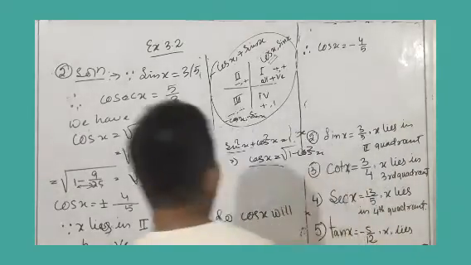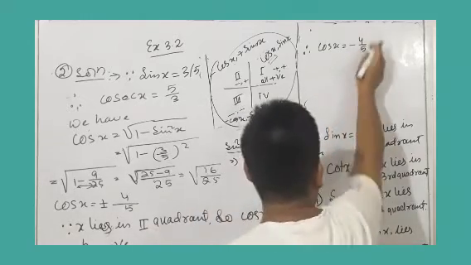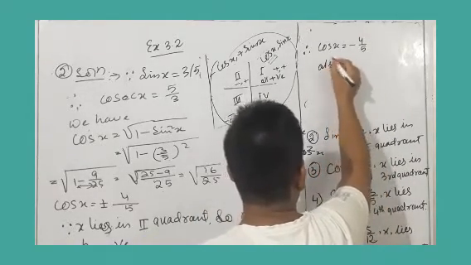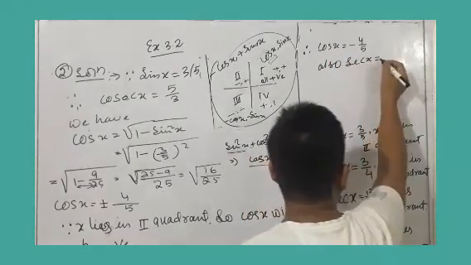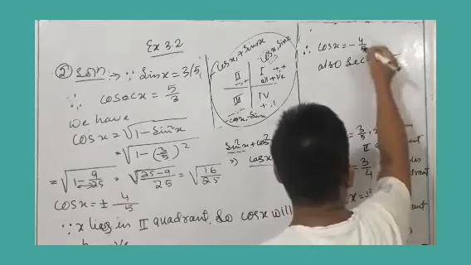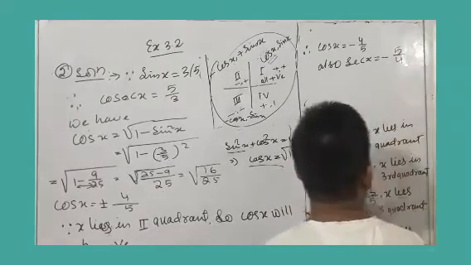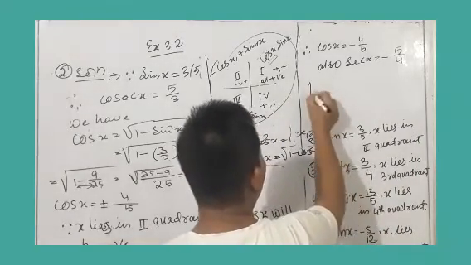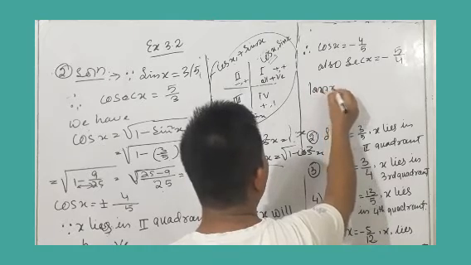Next, what can we find out? If cos x equals minus 4 by 5, then sec x is the reciprocal of this, minus 5 by 4. And then tan x equals what?